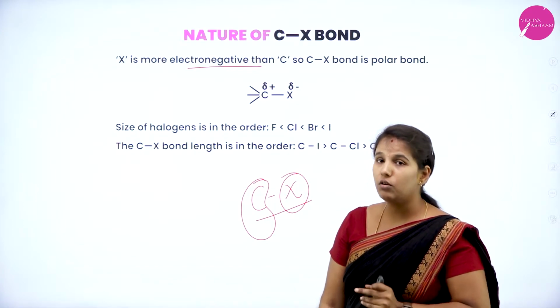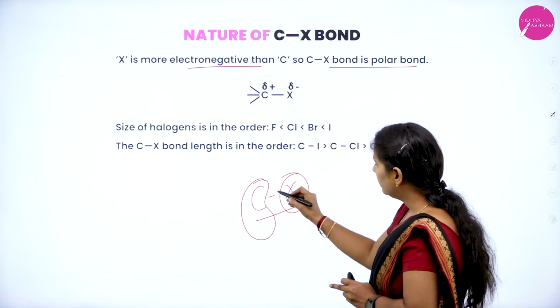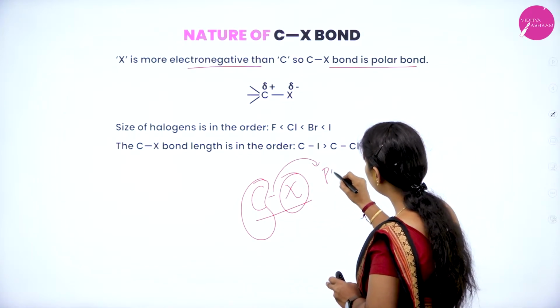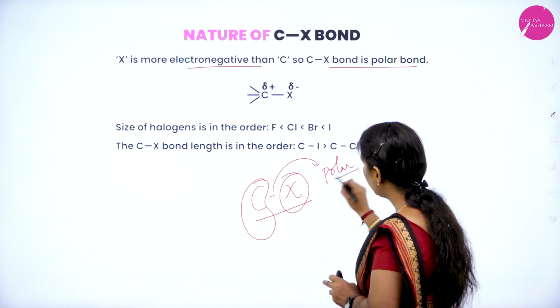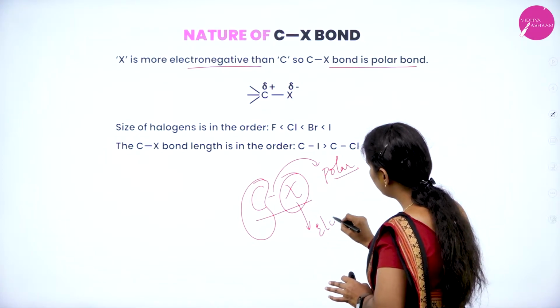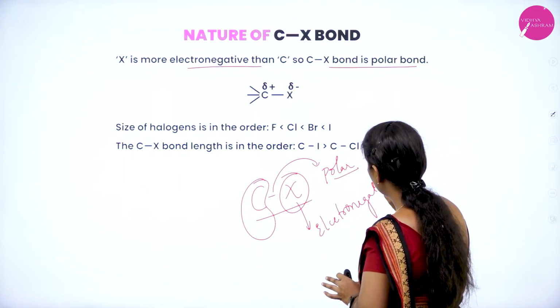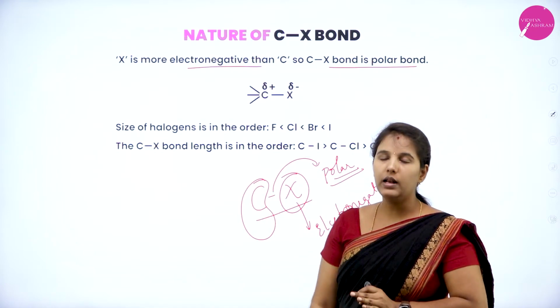Since they are electronegative, it forms what? A polar bond. The nature of this bond is polar. Why is it polar? Because these halogens are more electronegative.